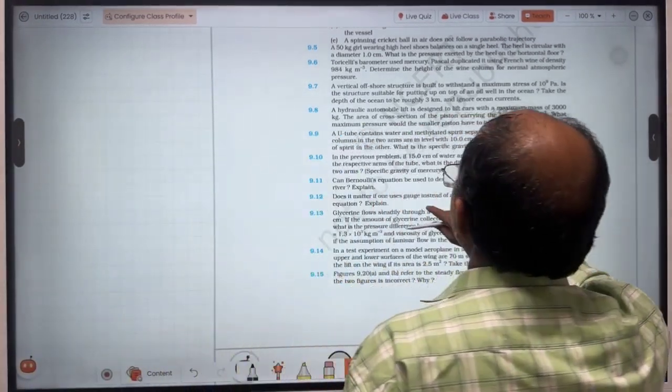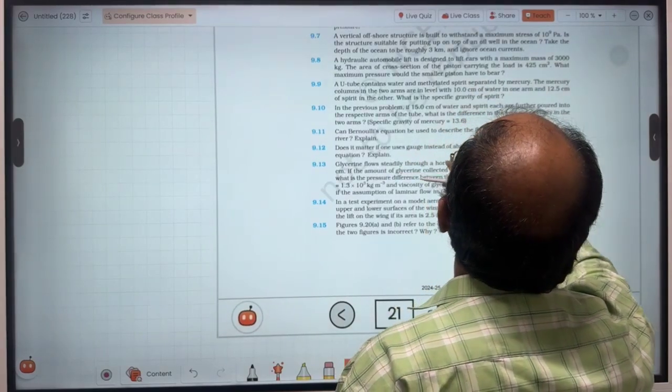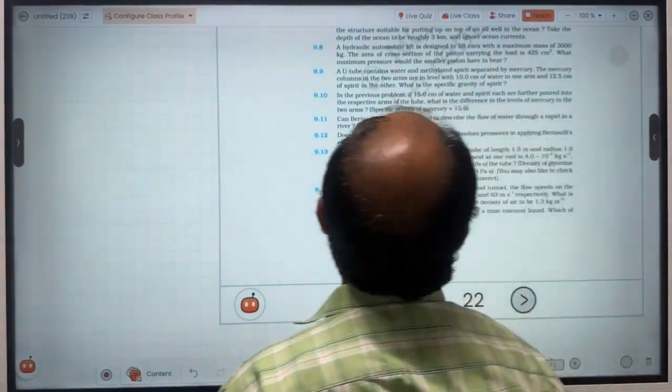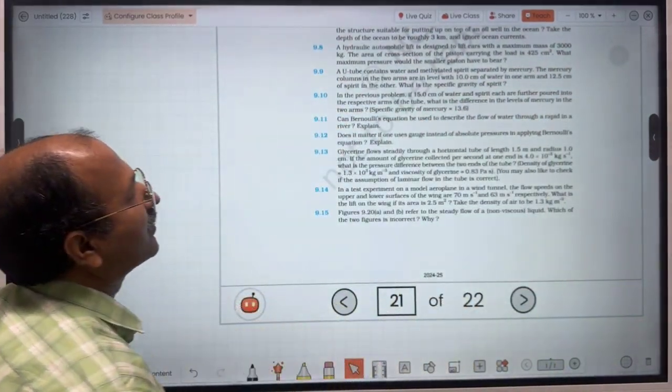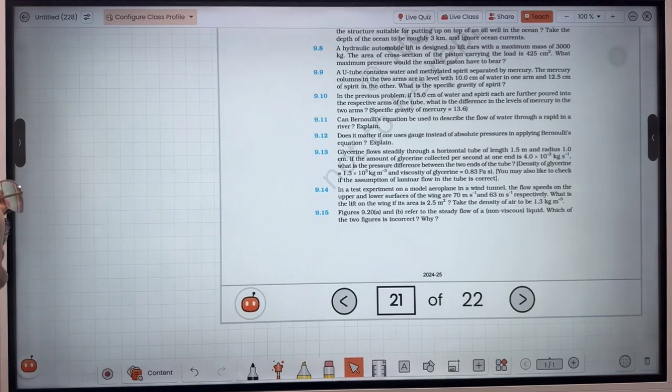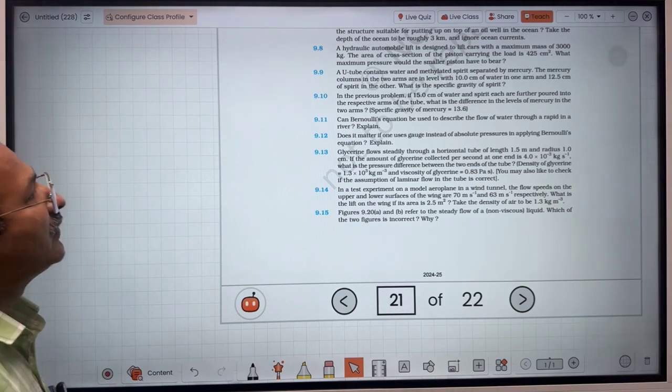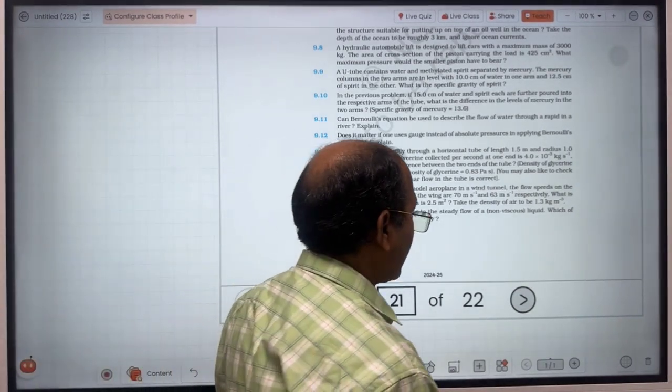Now the next question is, can the Bernoulli equation be used to describe the flow of water through a rapid in a river? As we have already discussed, Bernoulli theorem is valid only when the flow is laminar or streamlined.